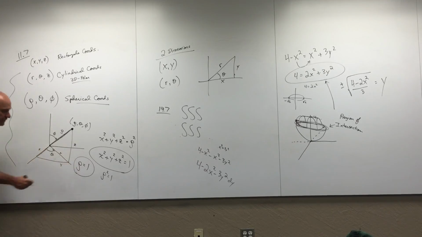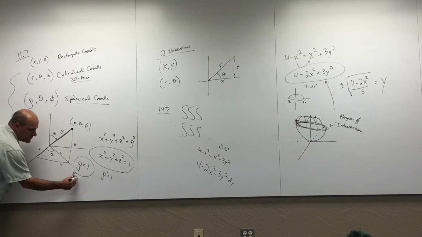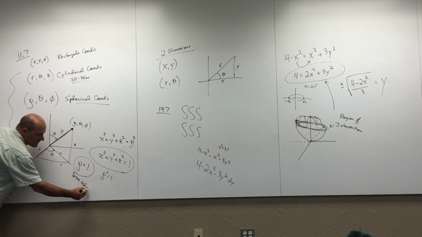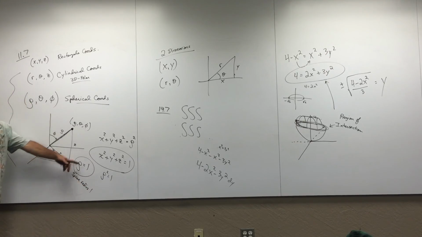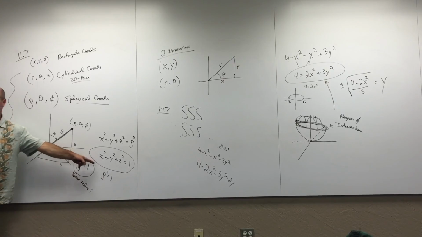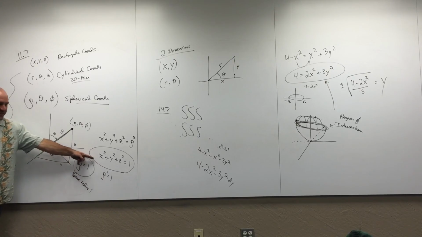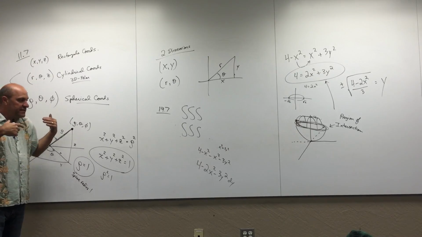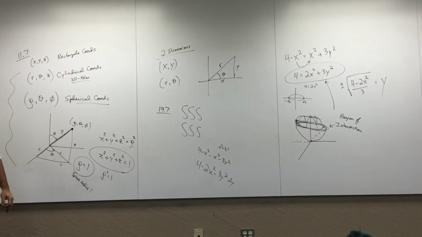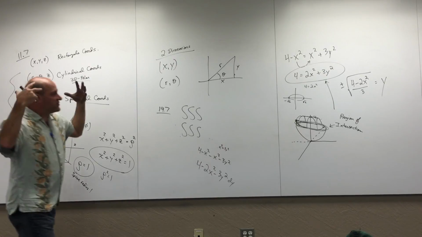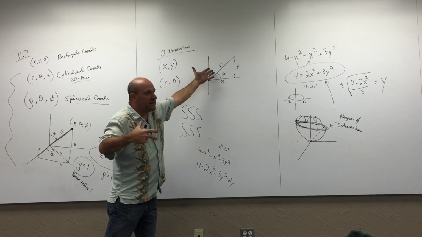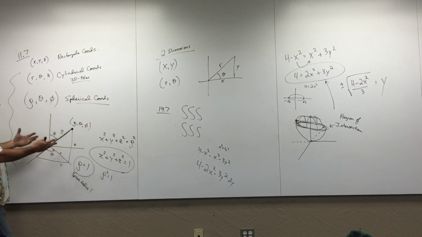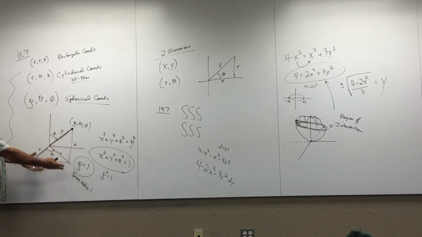Radius 1. It's beautiful. It beats all that other stuff. It is kind of an analogy. Circles are so easy in polar coordinates. Well, spheres are so easy in spherical coordinates.